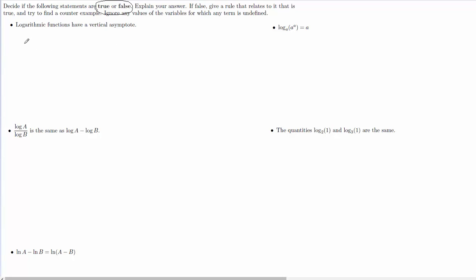Do we know anything about exponential functions? Assume that you have f of x equals 2 to the x. We already know that the inverse of this function is the logarithm of x with base 2. We have seen that already. So the question is, what do we know about this function? It's an exponential function.